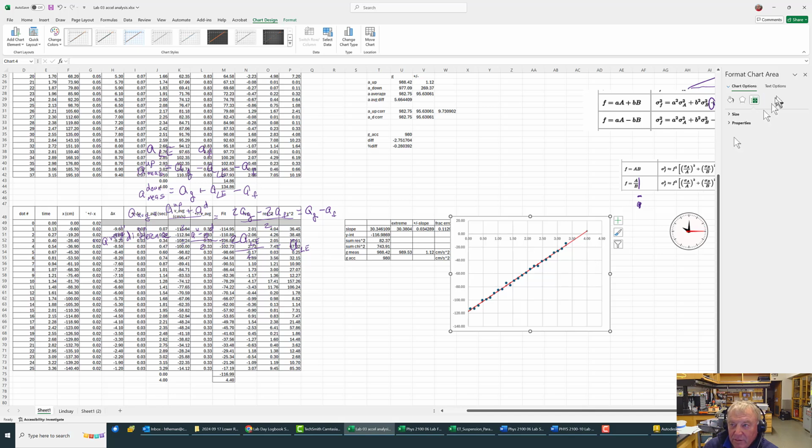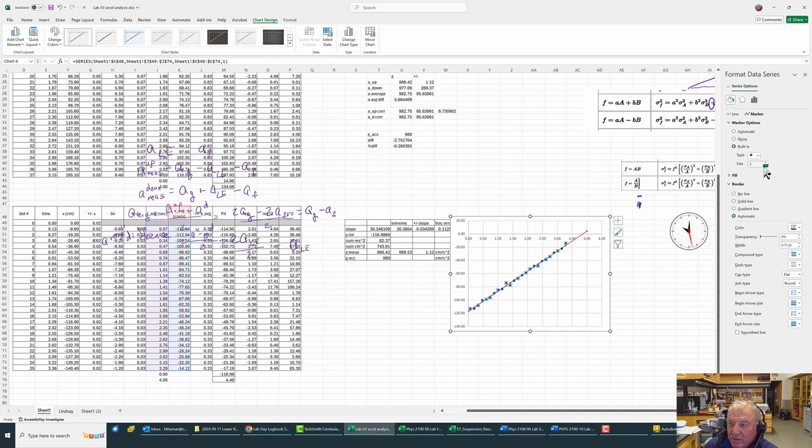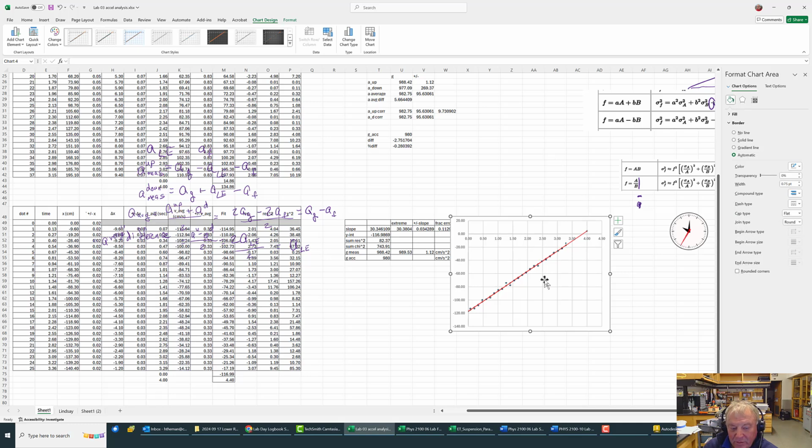They're a little hard to see, so what I can do is I can do the series, and then I can do marker option, and I can make the dots smaller. So we can now sort of see the error bars. They're still not easy to see.